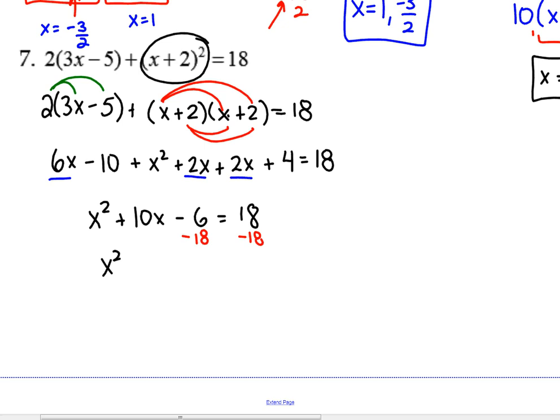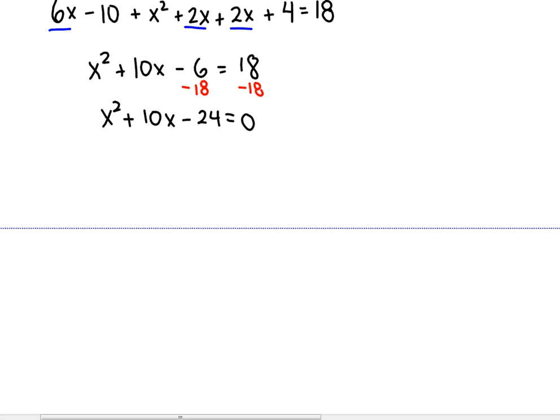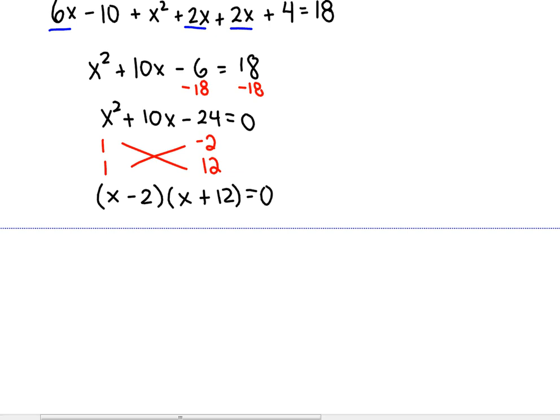So once you have everything to one side and simplified, now you factor this. Two numbers that are going to multiply to negative 24, add to positive 10. Negative 2 and positive 12. That would do it. Okay, so we'd have x minus 2 and x plus 12. And what does that equal?